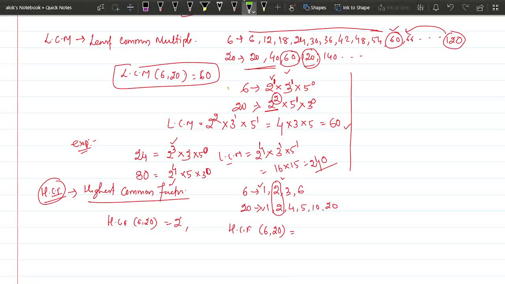So we see here the power is 1, here the power is 2, so we'll consider 2 to the power 1. Here 3 to the power 1 is there, and here 3 to the power 0, so we'll consider the least one, 3 to the power 0. And here also 5 to the power 1 is there, and 5 to the power 0, so we consider 5 to the power 0. Any number with power 0 is 1, so we have only 2.